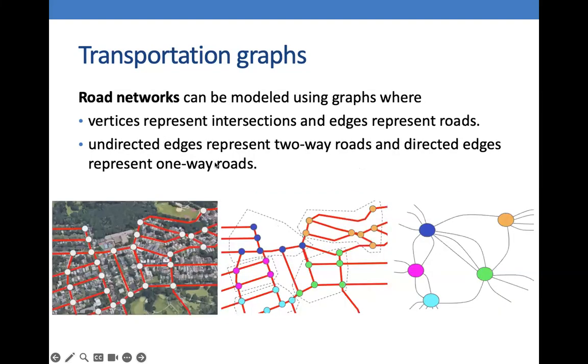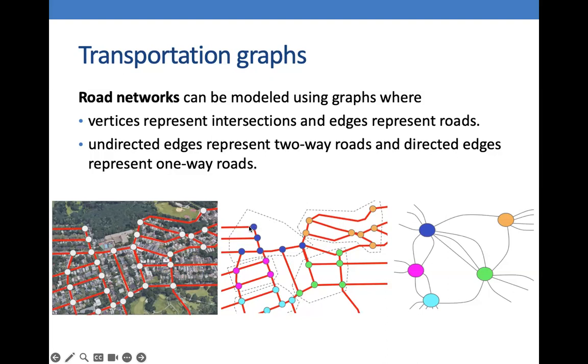Okay, and we can also model the road networks, wherein the vertices represent the intersections and the edges represent the roads. So we can see here a top view of a certain place, and we can simplify that using graph models.